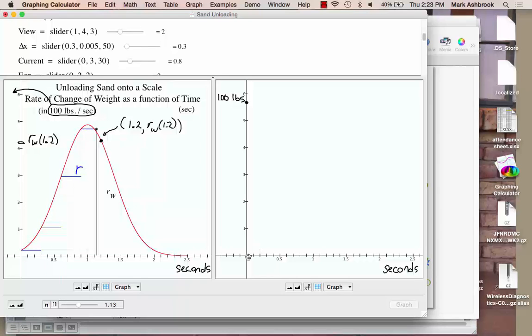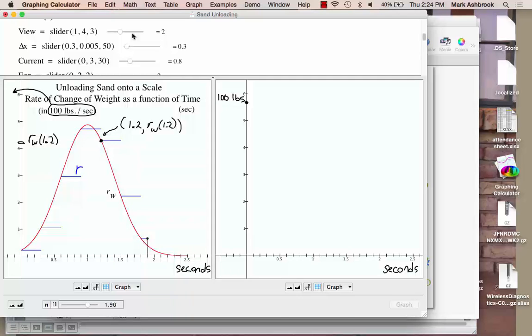So at a low rate, what will that mean for the accumulation graph? It's going to be a shallow increase. And then in the next 0.3 seconds, it's going to keep increasing, but more than it increased before, starting from the place where we were.